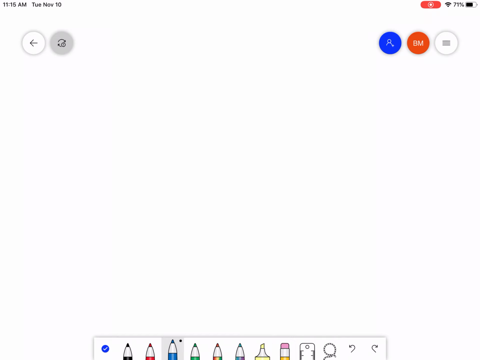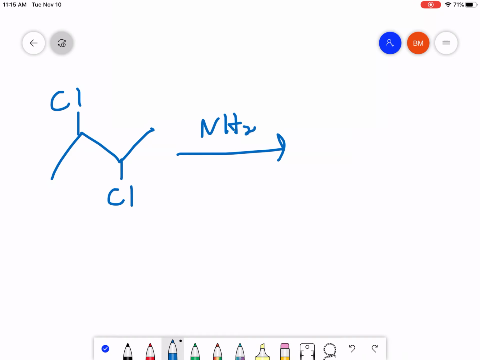All right, so let me show you how this works. Let me show you first of all with a vicinal dihalide. Basically, what happens here is exactly what you would think would happen. There are a couple of different alpha carbons that can also act as beta carbons.